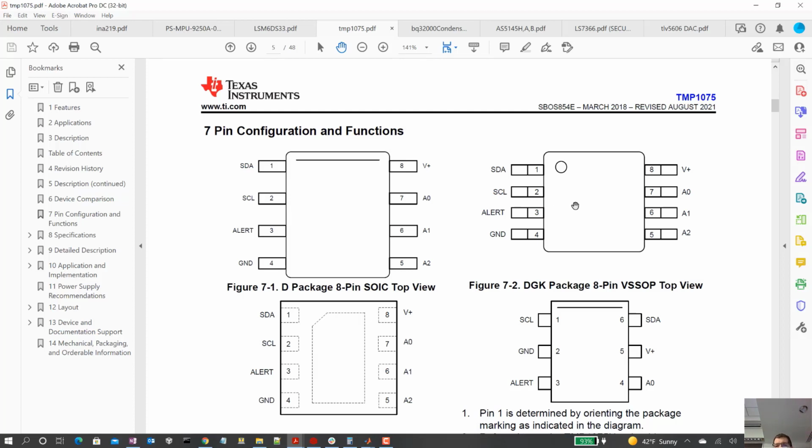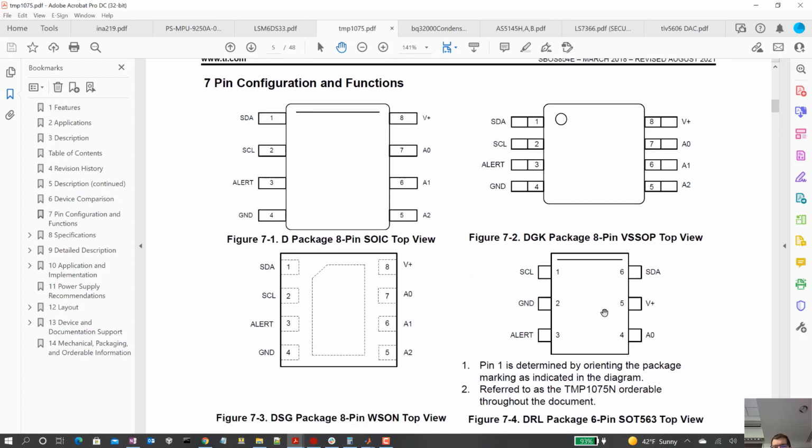I don't know. So some alert. We got a ground and power, and then we've got these 3 pins, address 0, 1, and 2. Right. Yep. Okay. Oh, and interesting. You can buy it in a version where you only have 1 address pin. So this would have fewer options for what address you can select. Haven't really read about that, but that's interesting.